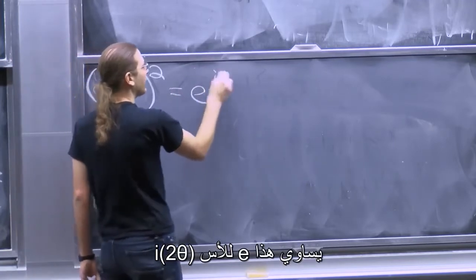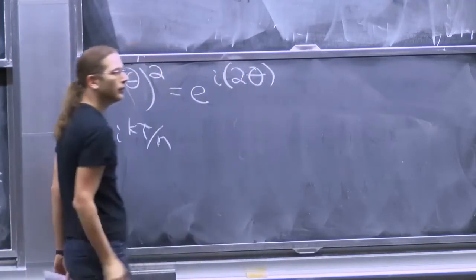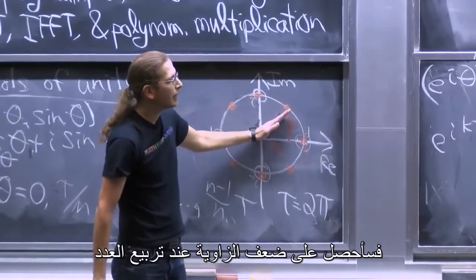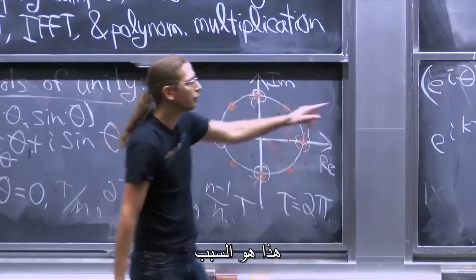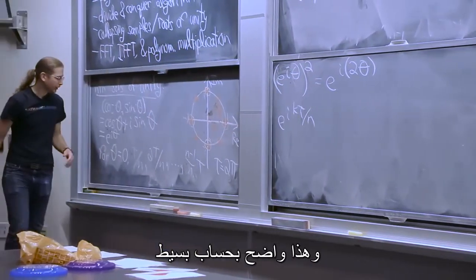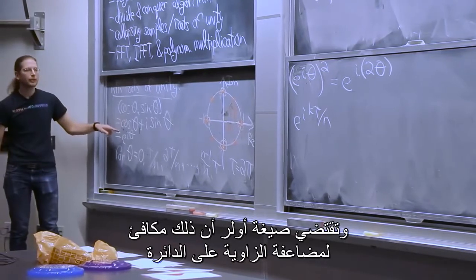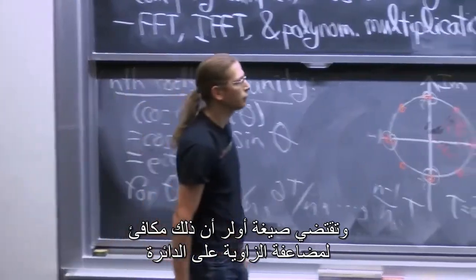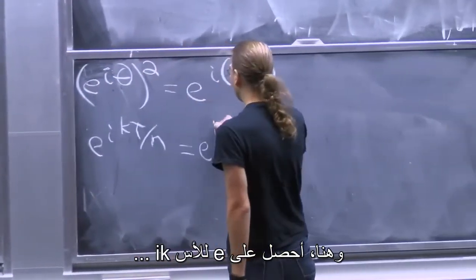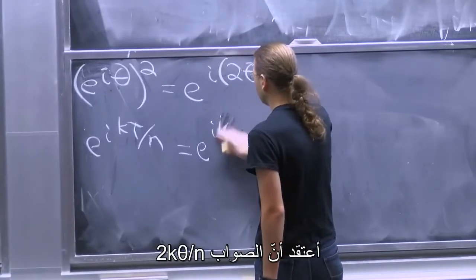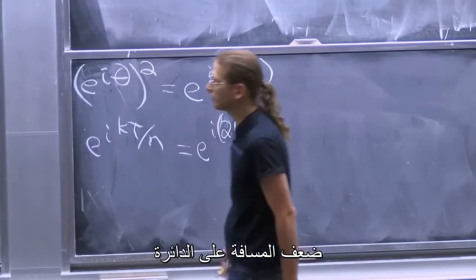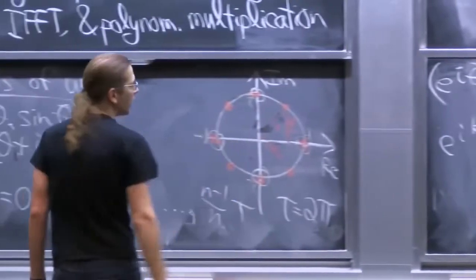This is the same thing as e to the i times 2 theta. Bingo, I get what I was claiming, that if I start at some angle theta relative to the x-axis, when I square the number, I just double the angle. This is why. Okay, this is obvious, and just from regular algebra. And then this thing, Euler's formula, tells me that corresponds to doubling the angle on a circle. So it only works for points in a circle, but so when I go here, I get e to the i, I guess 2k times tau over n, twice as far around the circle. All right, fine.